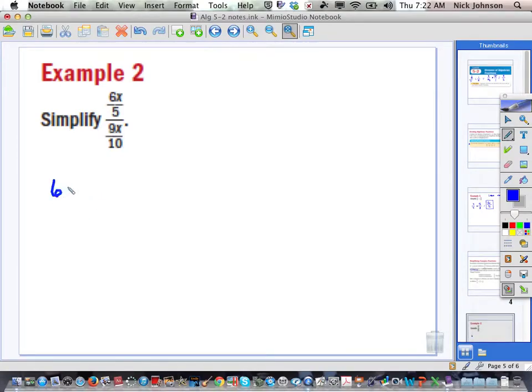Okay? So moving on. A problem like this, 6x over 5, all divided by 9x over 10. So, leave this part, change this division sign to multiplication, and then you flip 9x over 10, which is 10 over 9x. Cross reduce where you can. Well, 5 goes into 5 once, 5 goes into 10 twice. What goes into 6 and 9?